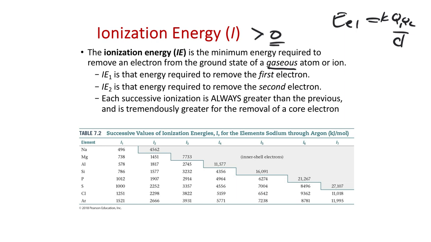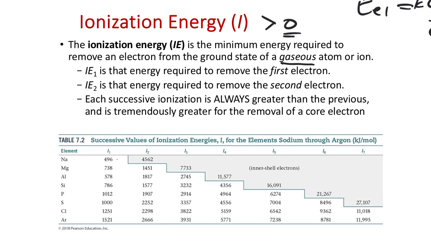But then the I1 is the energy it takes to remove just the first electron from the element. So to remove one electron off of sodium, it's 496 kJ per mole. So if we have a mole of sodium, it would take 496 kilojoules of energy. Then we would convert all those sodium atoms as a gas to sodium plus cations still in the gas phase.